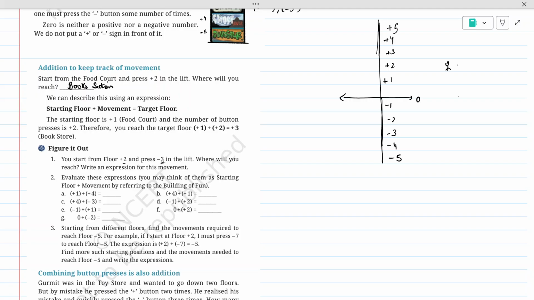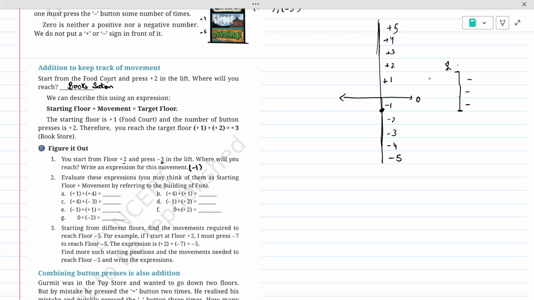And how many steps am I taking? 3 steps. From here I am going 1 step minus, 2nd step minus and 3rd step minus. That means I am reaching here. This is 1st minus, this is 2nd minus, this is 3rd minus. 3 minus I am pressing. So where am I reaching? I am reaching -1. This is the point where I am reaching, -1.